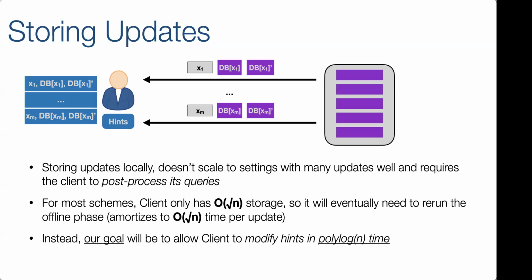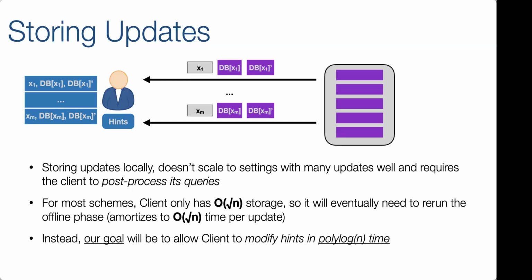Unfortunately, in a setting where you have many hints, this achieves the same asymptotics as the other solution where you do the full pass over the hints. Specifically, we think of the client as having square root of n storage, where n is the database size. So they may only be able to store square root of n updates. After square root of n updates, you'd have to rerun the offline phase and get a new set of hints back. So it amortizes out to square root of n, which is the same as the previous setting for typical parameters.